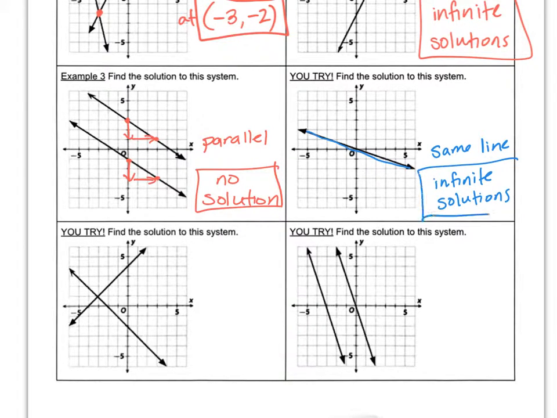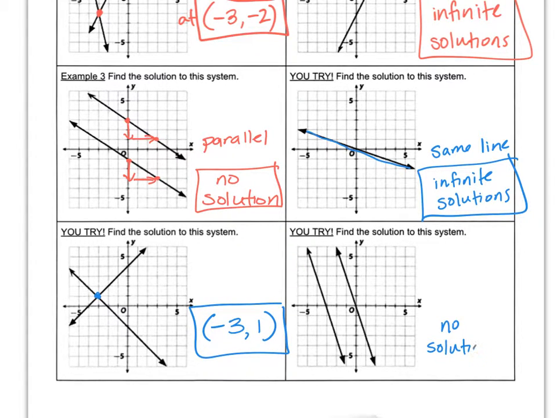All right, so this is the actual answer to the problem, to the system. On the next one over to the left, the two lines do intersect, and they intersect at the point -3, 1. On the last one, they are parallel, which means they'll never intersect, so no solution to that system.